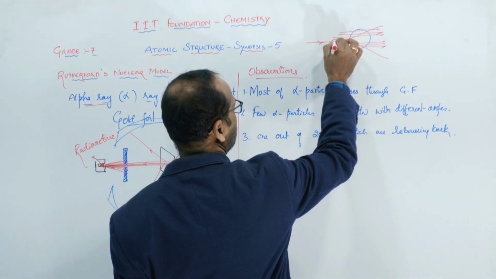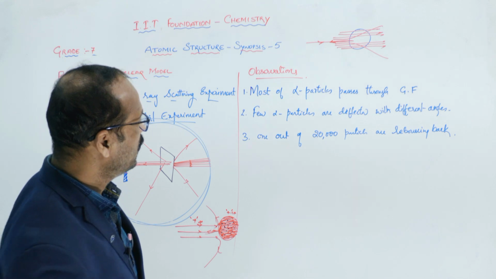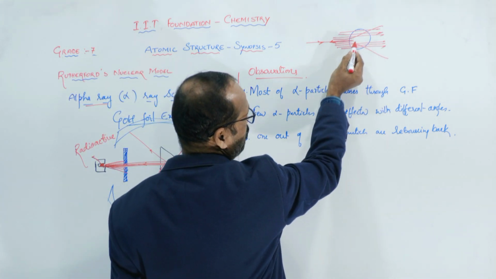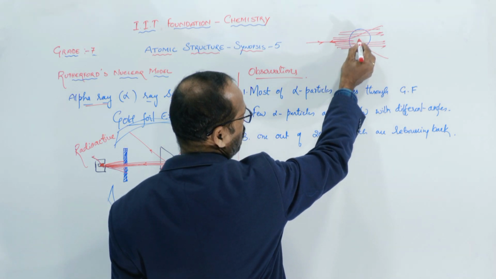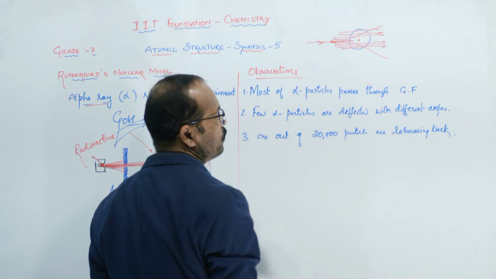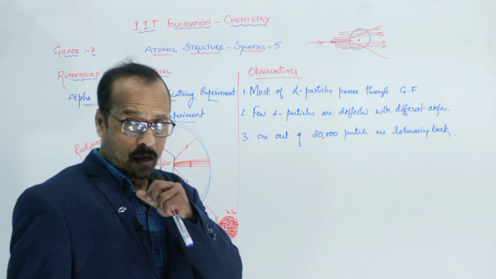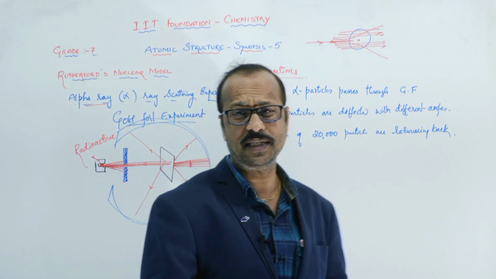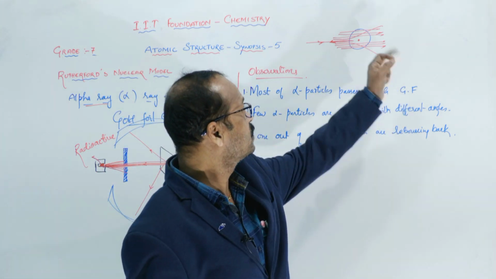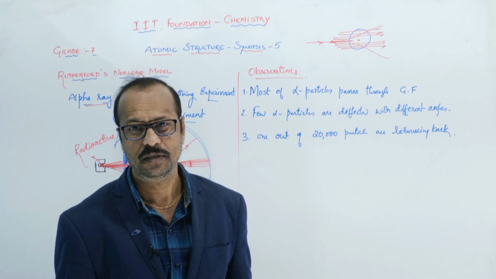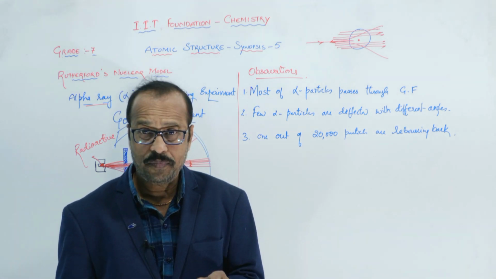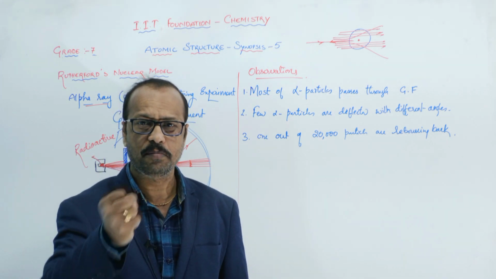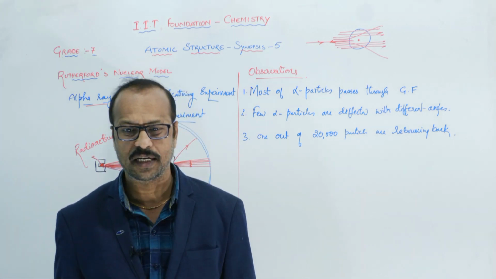How is it going in the same direction? It's coming back. The meaning is that most of the space is empty, but here only it is coming back. Here there is one small region at the very center of the atom, where the total positive charge and almost the total mass of an atom is concentrated.